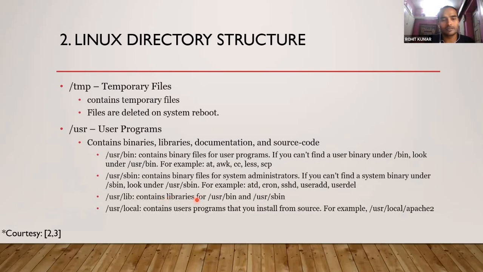These are the libraries for the user bin and the user sbin, where all sorts of binaries get stored. It's just an arrangement. Again, we already have the user bin and the user sbin, so why do we have the user lib? Because both of these are kinds of libraries, so they get stored here also.